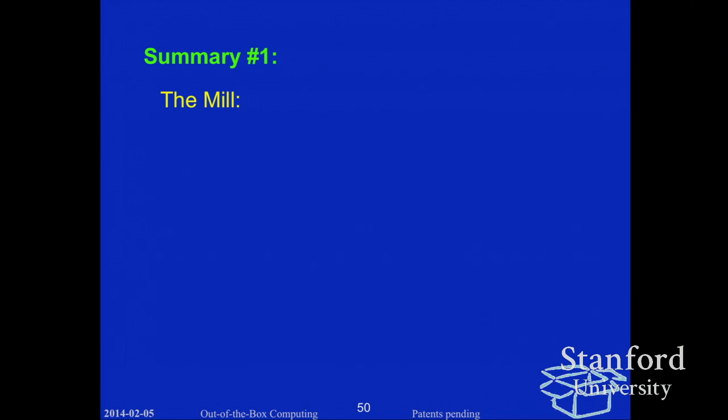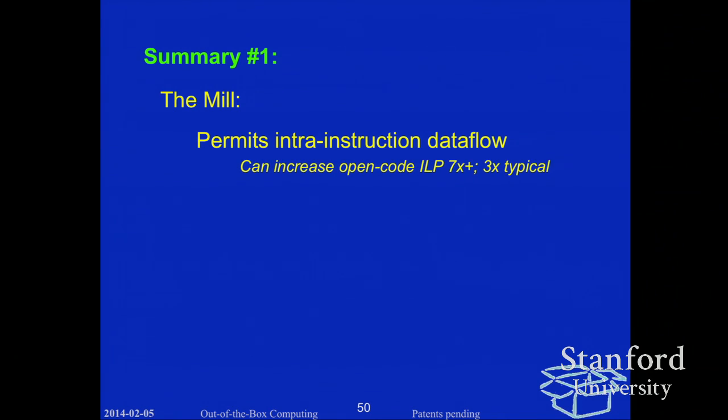So, in brief summary, you can do intra-instruction data flow. If every phase is occupied, you can wind up having a substantial expansion, but in practice, codes do not contain every phase in a data flow.